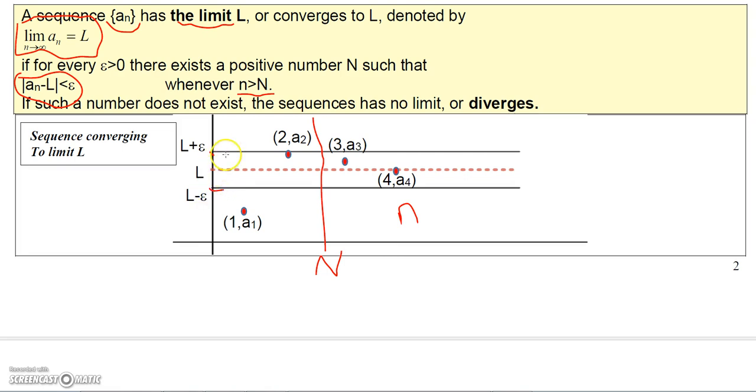So, for instance, when you first start this sequence, you might have a term outside of the band, and then a term right on the border of the band.